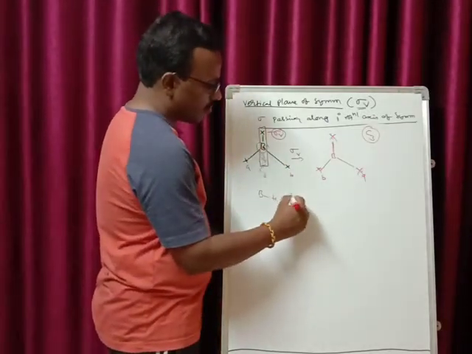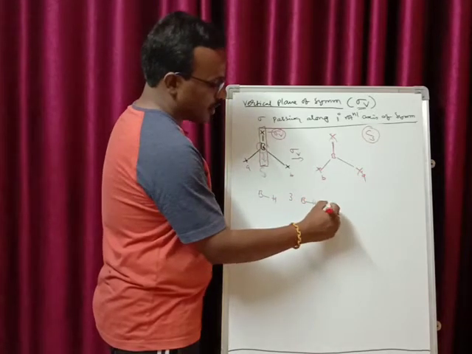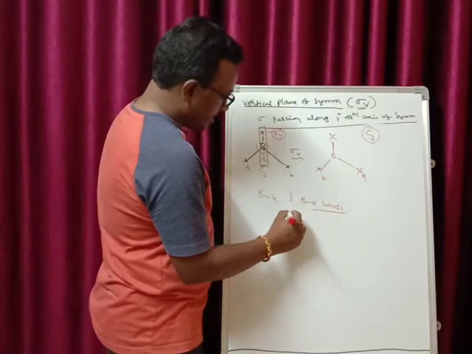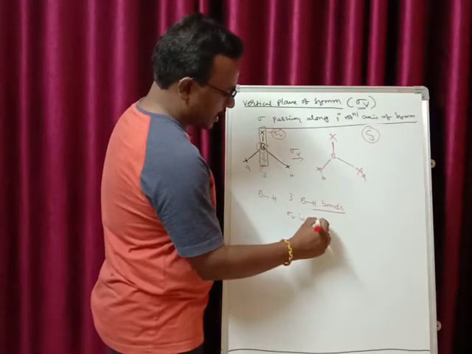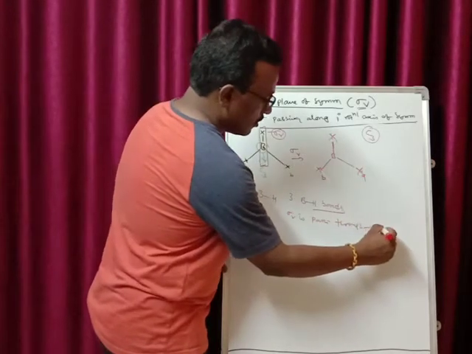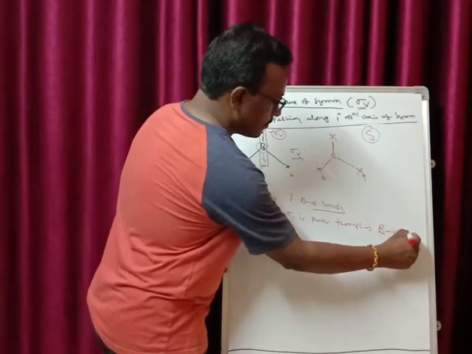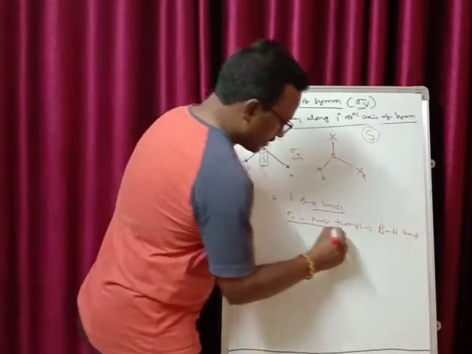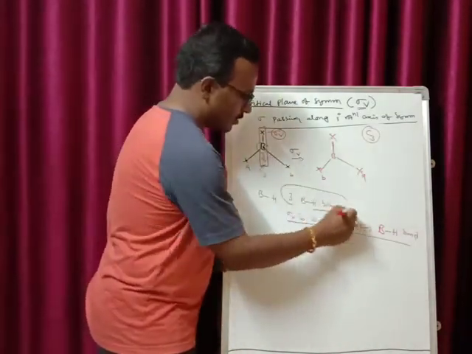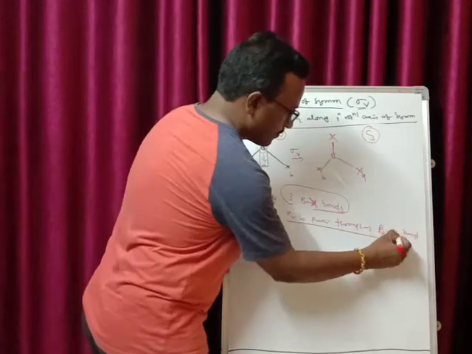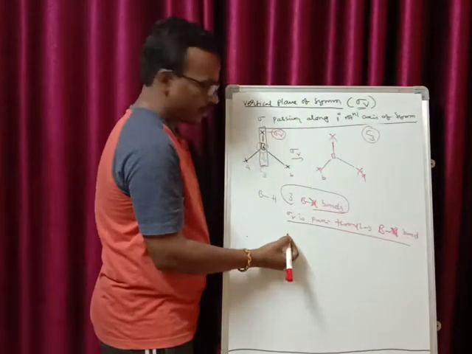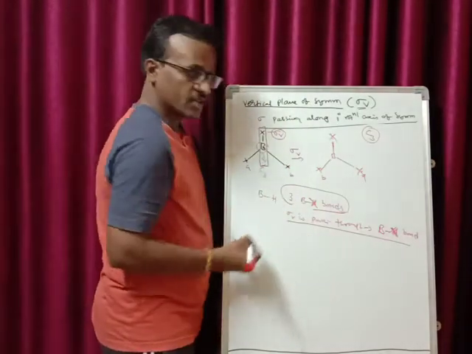Therefore, in case of your BX3 molecule, you have 3 BX bonds. Therefore, each sigma V is passing through a BX bond. In case of the BX3 molecule, you have 3 BX bonds.